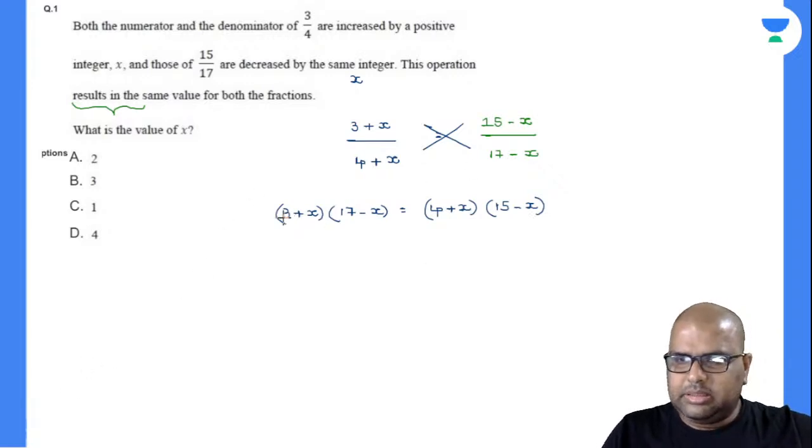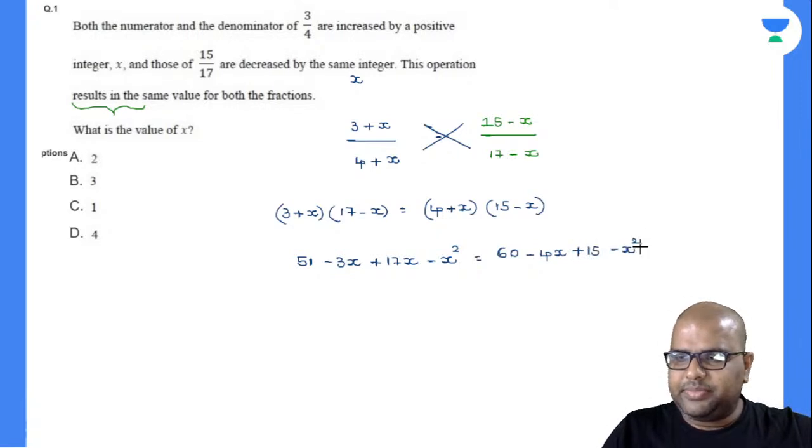Done. Now 3 into 17 is 51. Am I right? Yes. 3 into minus x will be minus 3x. So 17 into x will be 17x. Minus x into x will be minus x square, is equal to 15 4s are 60, minus 4x plus 15x plus x into minus x will be minus x square.